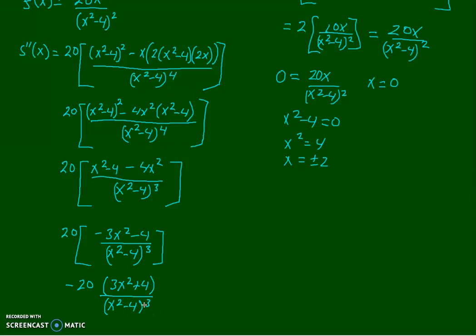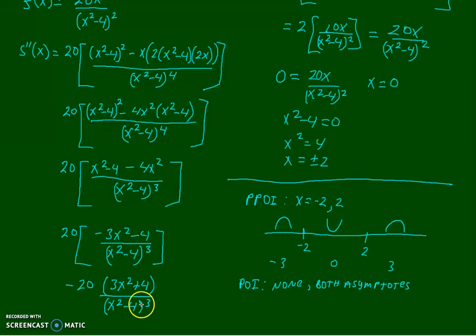Now finally, let's work out our points of inflection and concavity. Our potential points of inflection will occur where this second derivative is either 0 or undefined. We can see that this quadratic has no real solutions, so it has none where it's 0, and it's undefined at -2 and 2. So our potential points of inflection are -2 and 2.